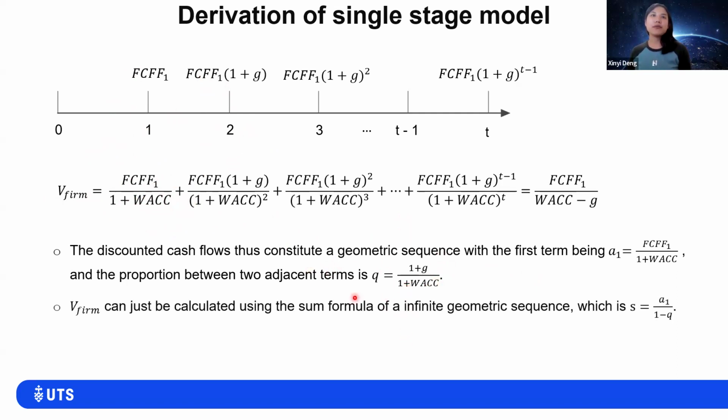We all know the summation formula of an infinite geometric sequence: the sum S is equal to A1 divided by (1 minus Q).